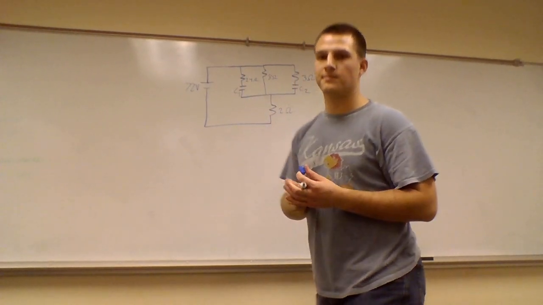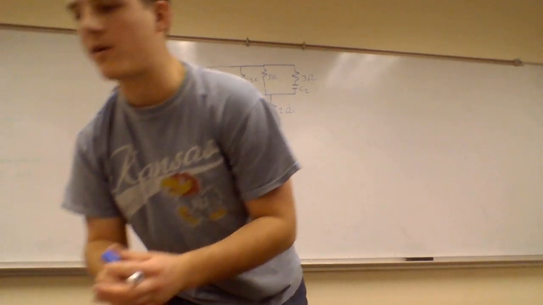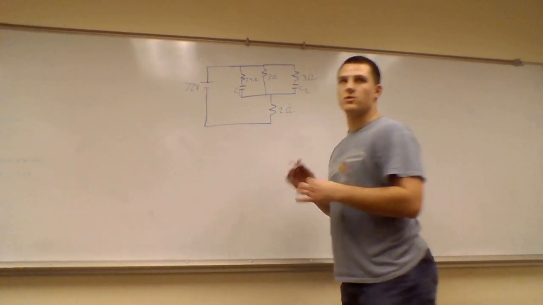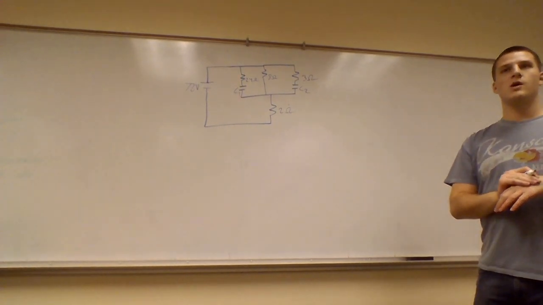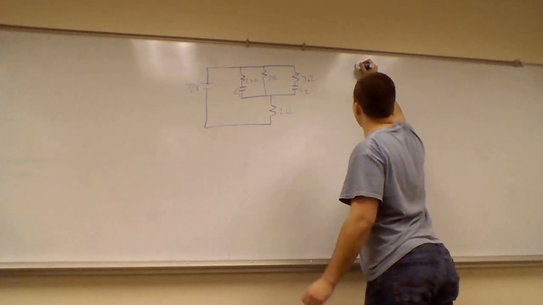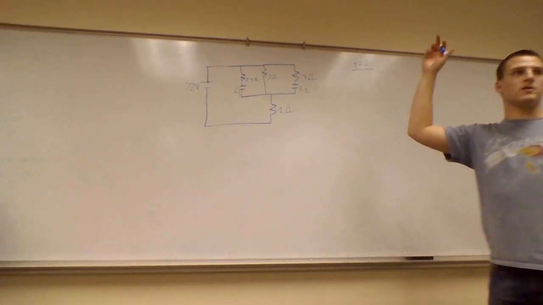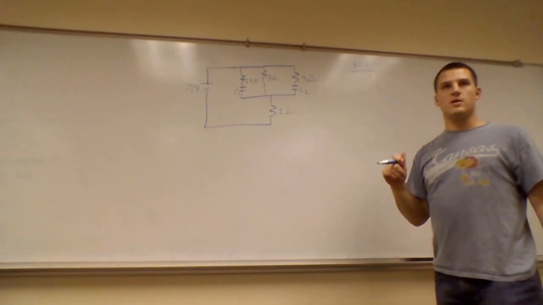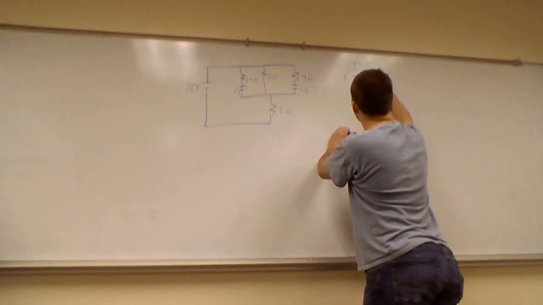So what he is asking is the total current out of the battery at t equals 0. So remember, there's 2 different times, t equals 0 and t as t goes to infinity. So at t equals 0, does anybody remember the rule for capacitors? What are capacitors? Yeah, straight wire.